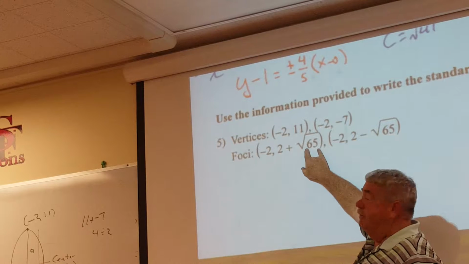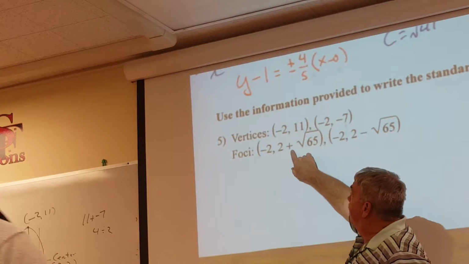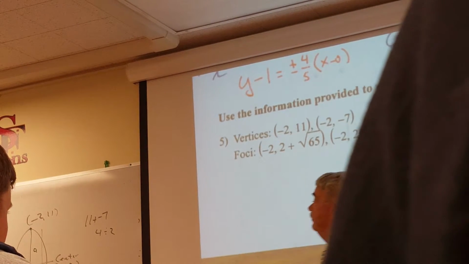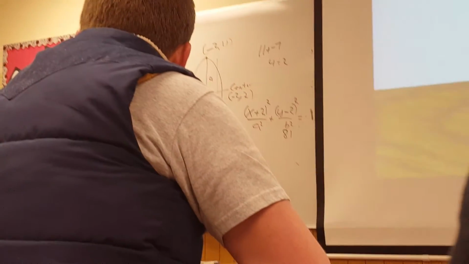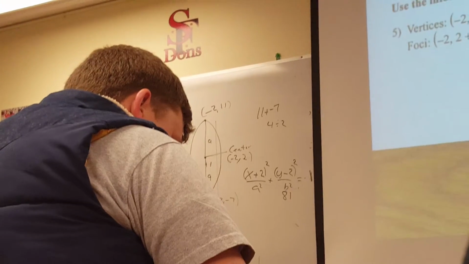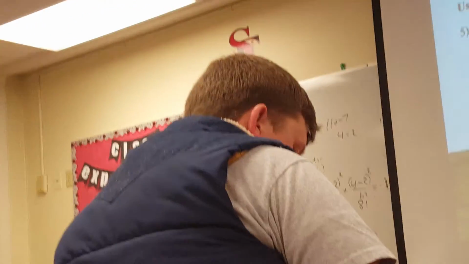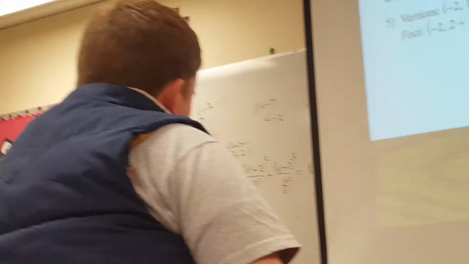C. See? That's plus and minus. They wrote it out twice. So C equals the square root of 65, so C squared is 65.